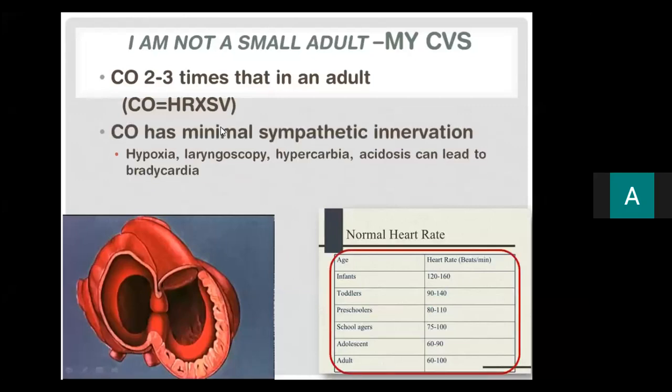The other thing about their myocardium is that they mainly have parasympathetic innervation. The significance of this is that anything that would ordinarily cause a sympathetic response in the myocardium will, for them, cause a parasympathetic response, which is the bradycardia that you see.